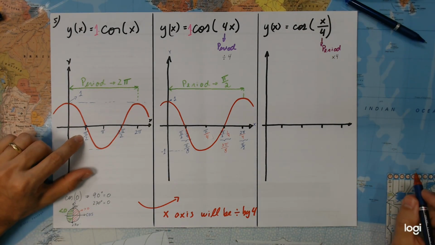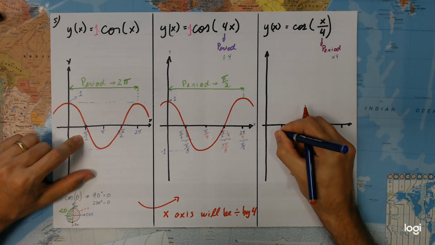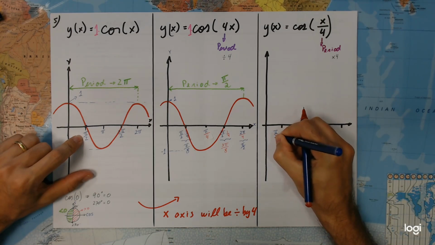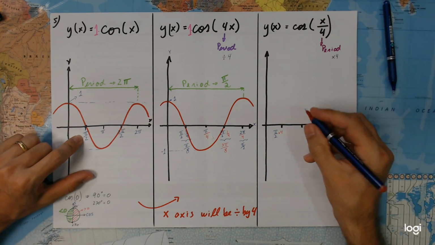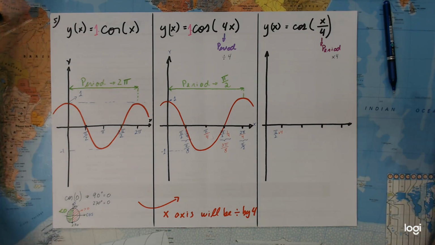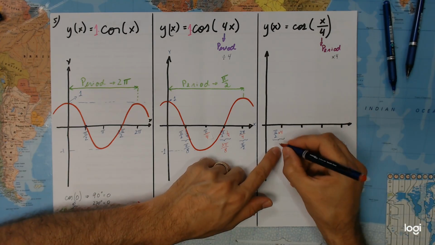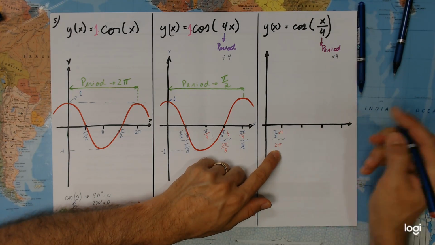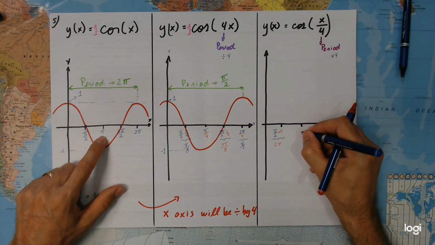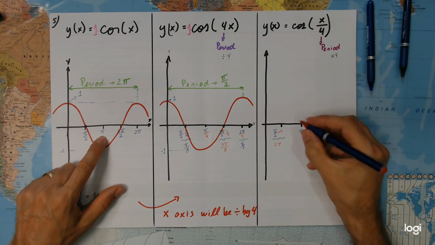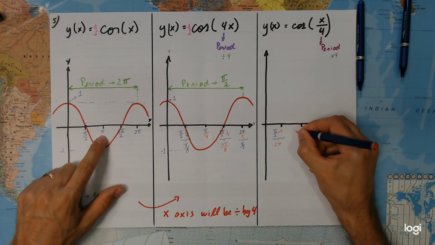Well, let's just make the numbers. We had pi over 2. Now it is going to be pi over 2 multiplied by 4, right? And that yields just 2 pi. Again, we had pi in here. Now it is going to be 4 times pi, 4 pi.